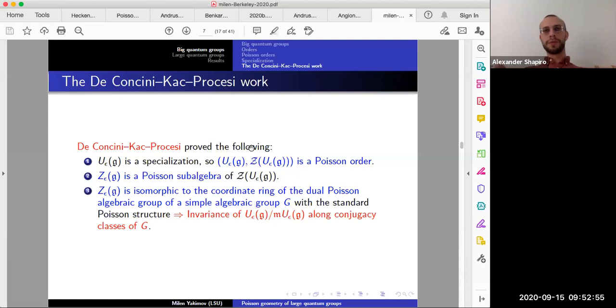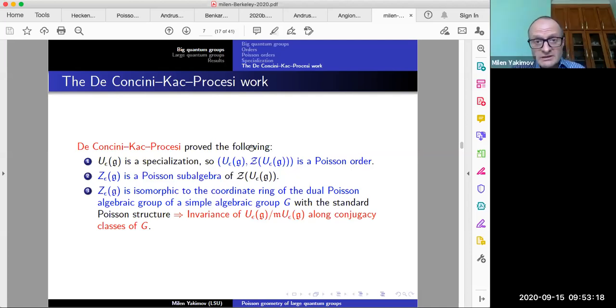We can probably just say that if it's true for roots of unity, it's probably true in general. But then the same is true about the representation theory of the usual universal enveloping algebra and the Poisson structure of G dual with the trivial Poisson structure. And there you don't see any big center. So somehow, is it related?